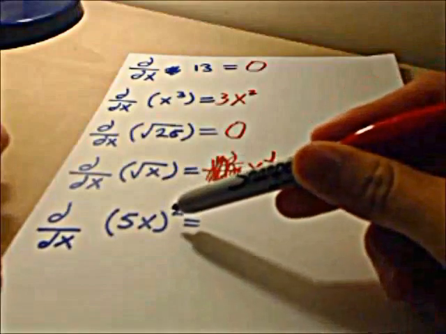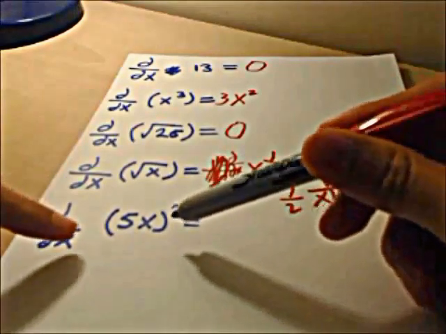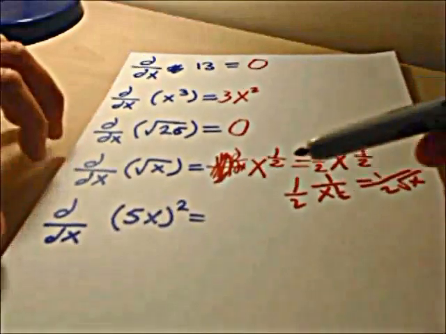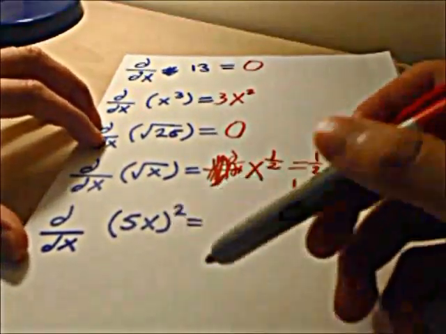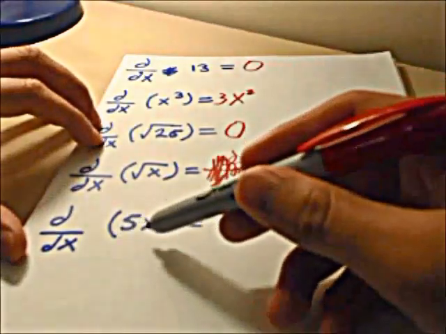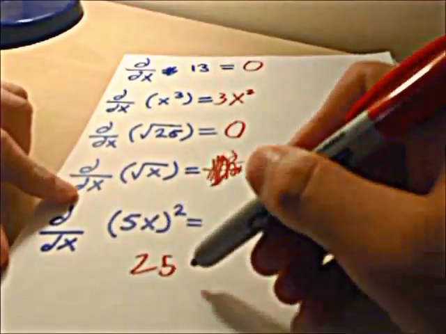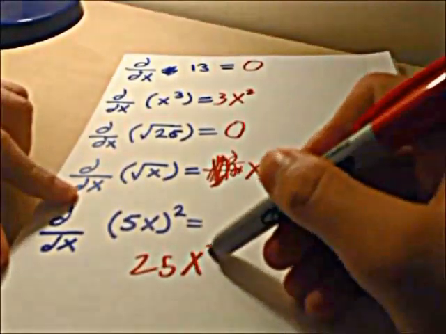Now here it's different, because what we do first is distribute the power inside the parentheses. So 5 squared is 25, and x is going to be x squared.